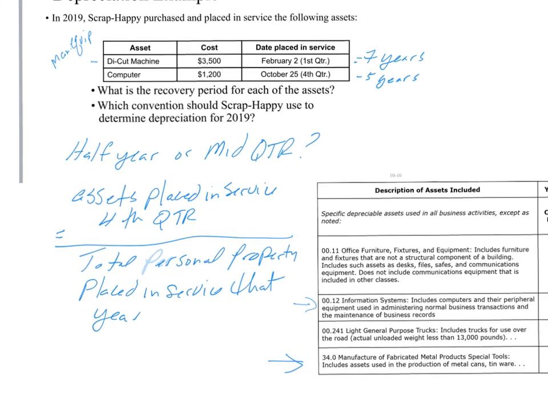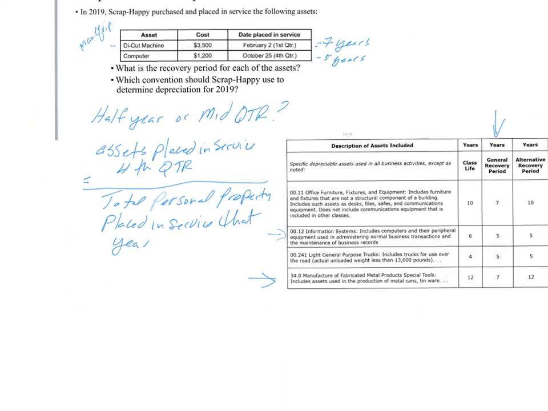I'm going to resize this and do the math on that. What do we have? We know that they placed that computer in service in the fourth quarter, and total assets placed in service is the 3,500 plus the 1,200. So that's 1,200 over 4,700, and what do we get?